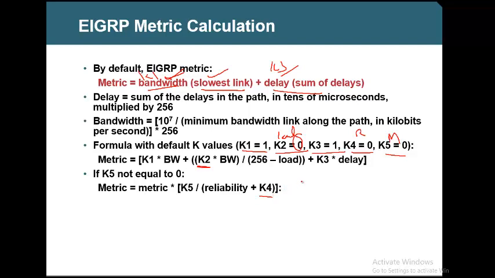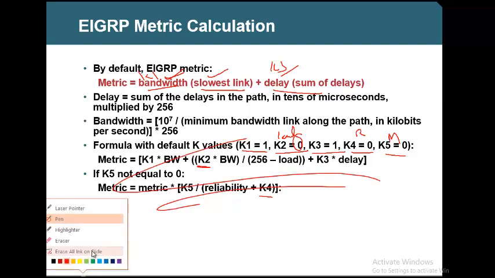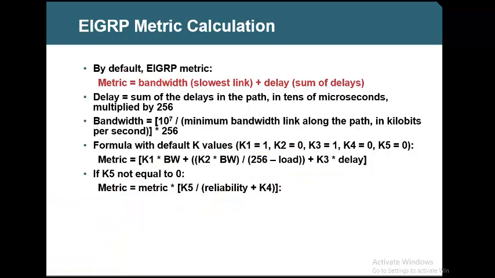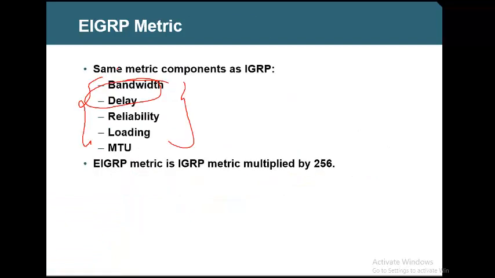MTU is also multiplied by 0. Don't worry about this algorithm. This is too complicated, not necessary for us to know. All that you need to know is, even though we got 5 metrics, only K1 and K3 are considered. All the rest are 0.